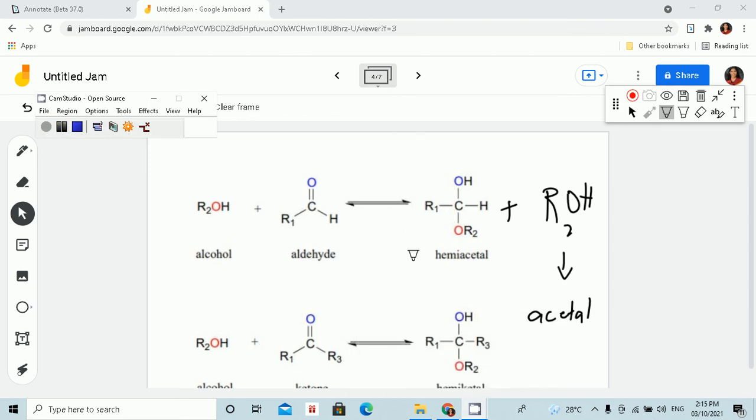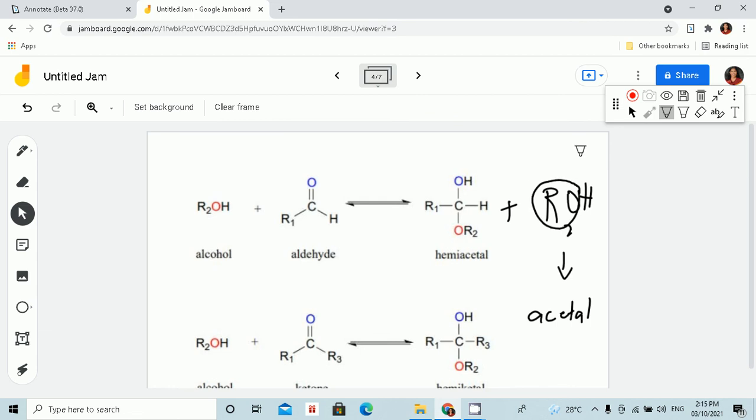An acetal. So we have the OR here. It will attack the carbon here. The OH will be replaced.